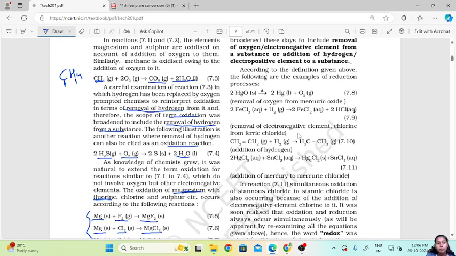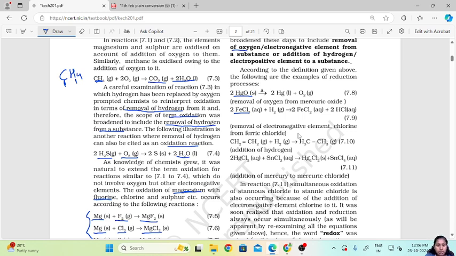Here you can see oxygen is involved. So here oxygen is removed from mercury. So here it is removal of oxygen from mercuric oxide. So first point is correct, removal of oxygen. Now next one is removal of electronegative element. Now FeCl3 is ferric chloride, right?